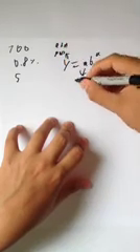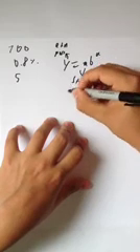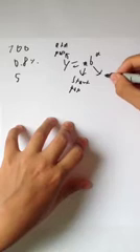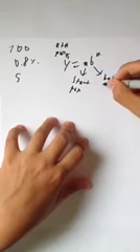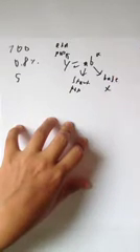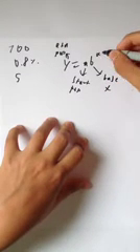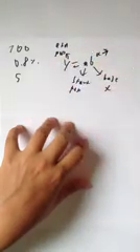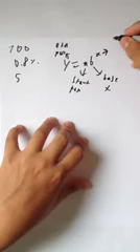A is your starting population, and B is your base multiple, or basic growth. And finally, X will be our length of time in this case.